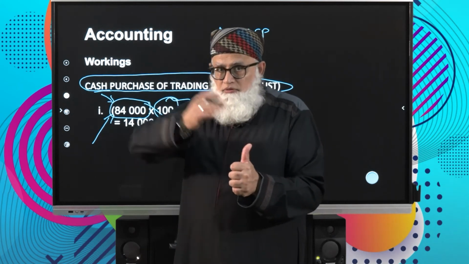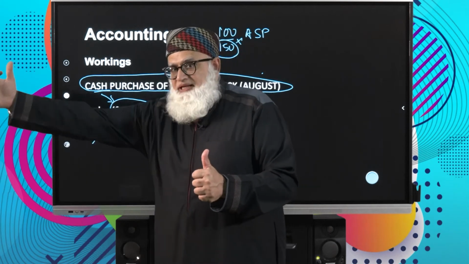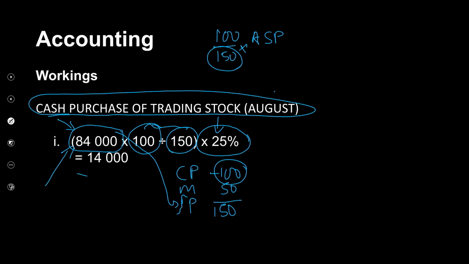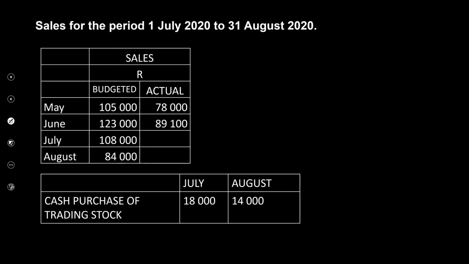Sales, cost of sales, split up into cash and credit. In this case, the question was the cash purchases, and clearly you can see it is the 14,000 Rand, and therefore here, in your cash purchases for August, there's my answer, 14,000 Rand.